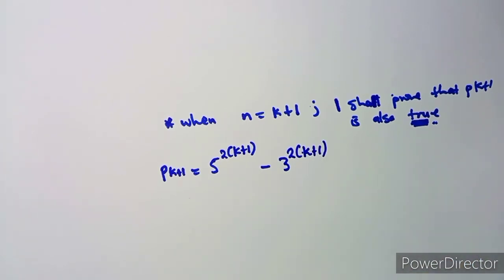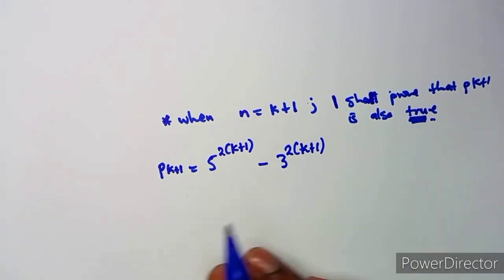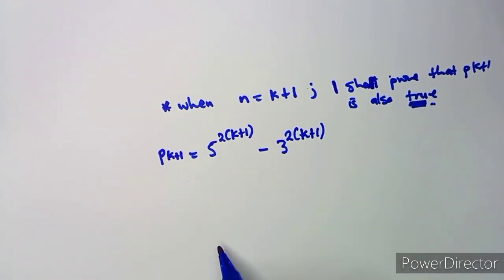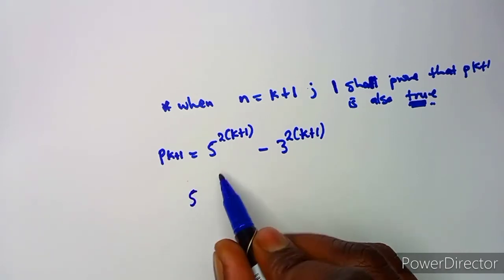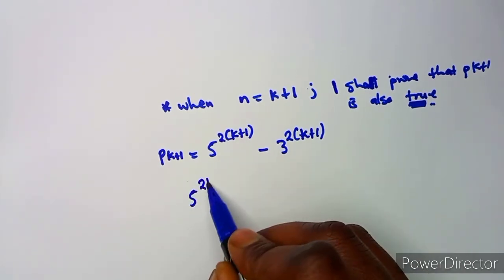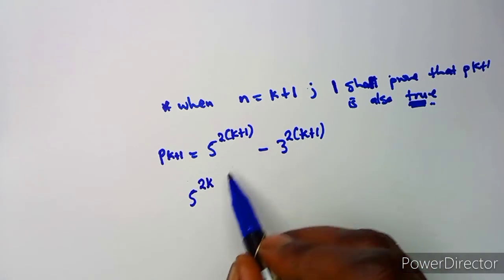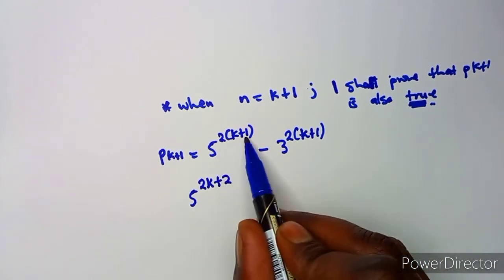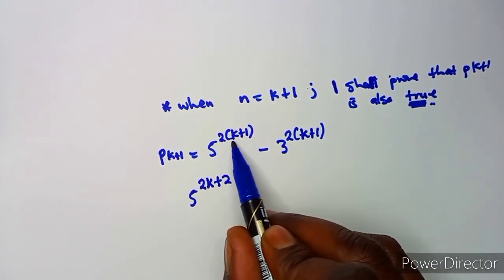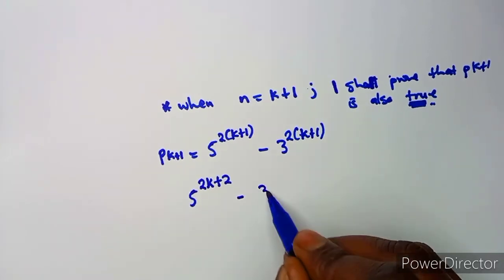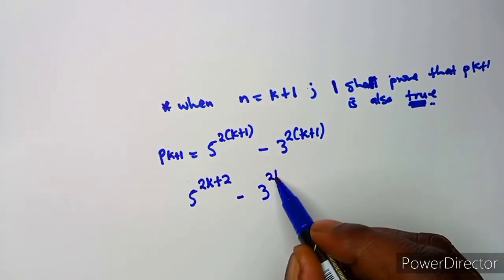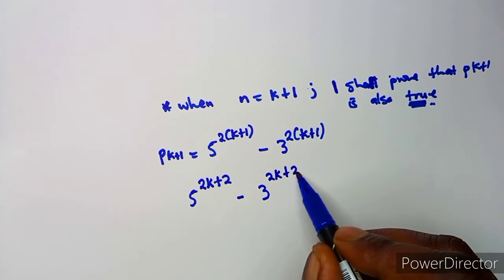So that's what you're going to have in this case, and we are saying that we must prove now. Since we know that this is pk plus 1, let us just take it down. 5 to the exponent of 2 times k, that is 2k, 2 times 1, that is 2. Remember, from your laws of exponents, you can expand this. Minus 3 to the exponent of 2 times k, that is 2k, 2 times 1, which is 2.